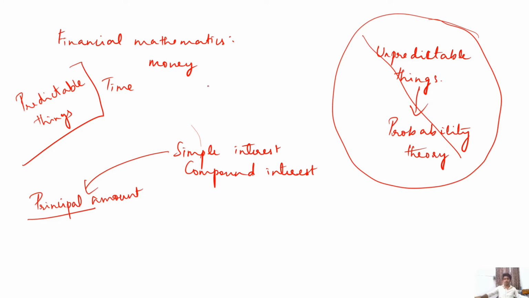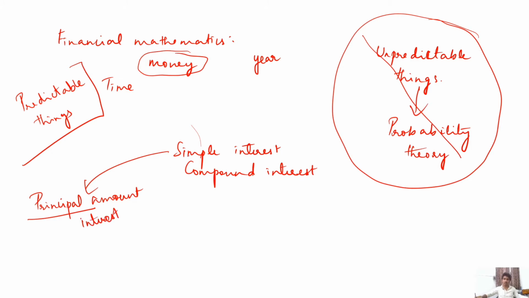But in financial mathematics, the money's worth will not be the same as time progresses. Mostly we take the unit of time to be a year. In a year, this money is worth more than this, and it is going to give you something extra over your principal amount, which we call interest.